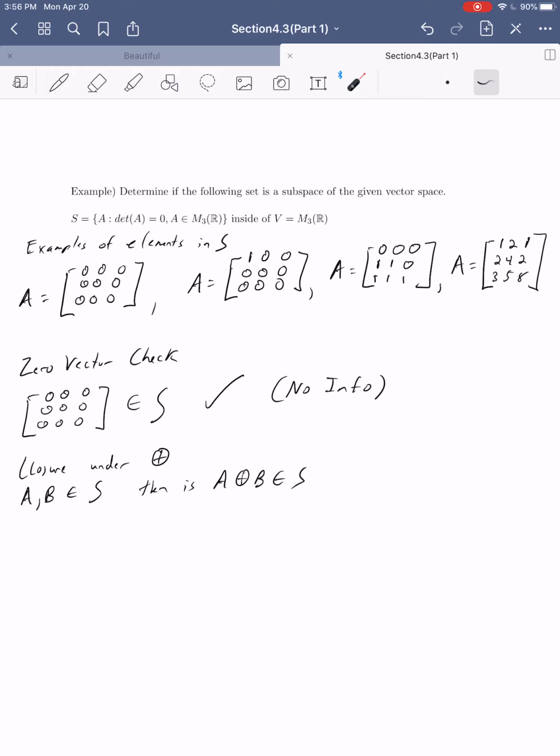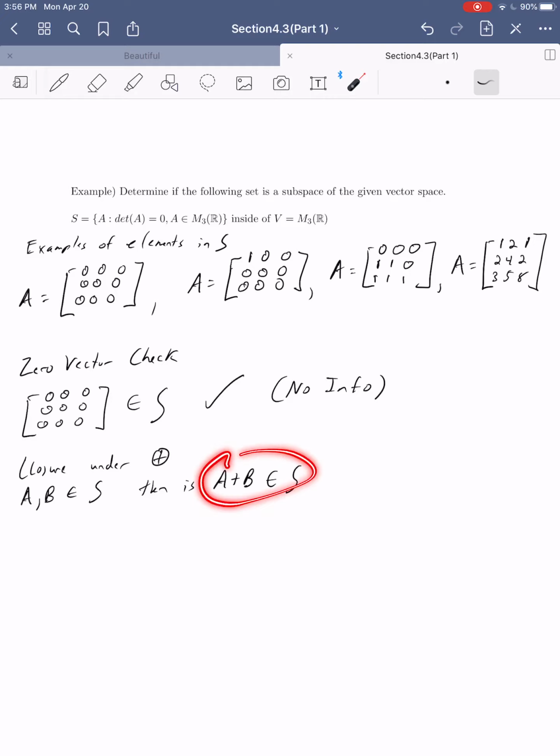We don't really need the fancy plus here because we're just using our standard operations. Let's not confuse ourselves. If we know that these have determinant 0, can it be guaranteed that A plus B has determinant 0?